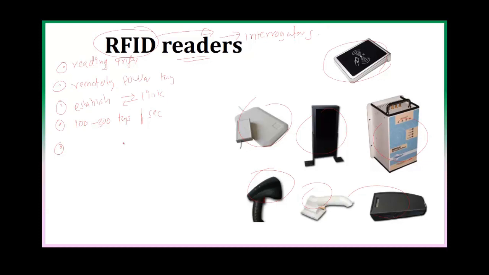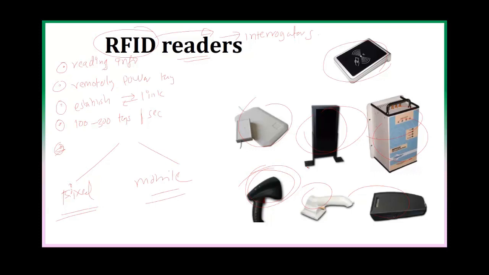Depending upon the application, if you use it at a toll plaza, then the entry and exit points will be covered by these readers. Readers are of two types: one is fixed and the other is mobile. A fixed one you have seen at a toll plaza, and a movable one is like your barcode reader.